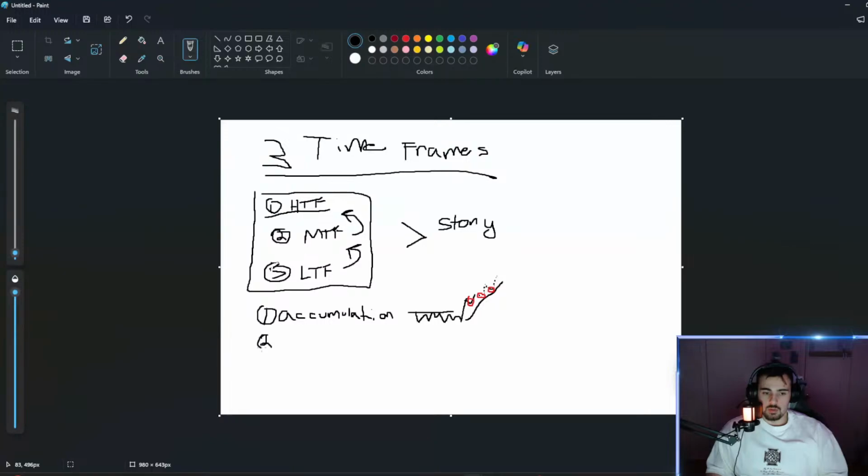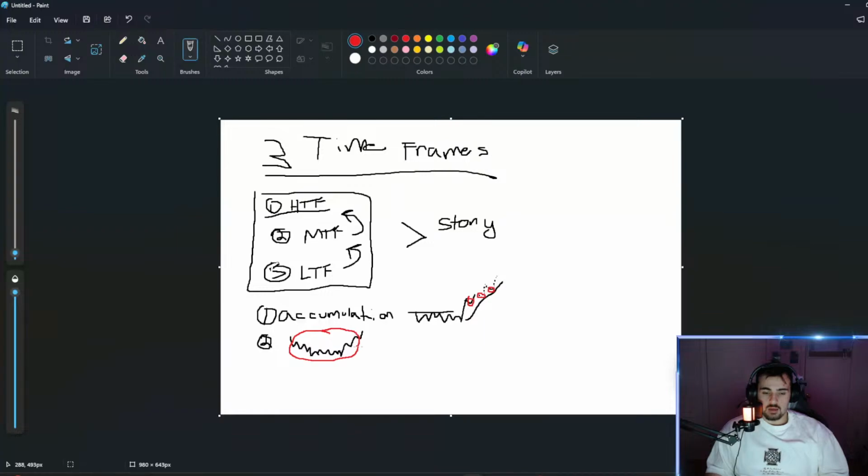So number 2, this will be my medium time frame, and I'm going to look for a specific model. And what you're going to see on the medium time frame is you're actually going to see price break down, consolidate, and then break upwards. So this, I'm actually going to make this red here.